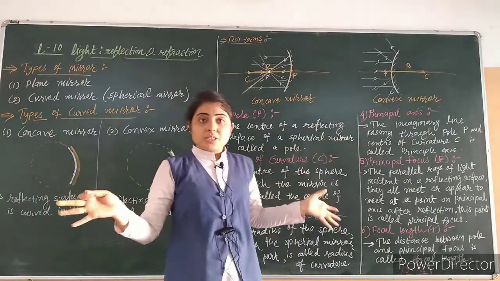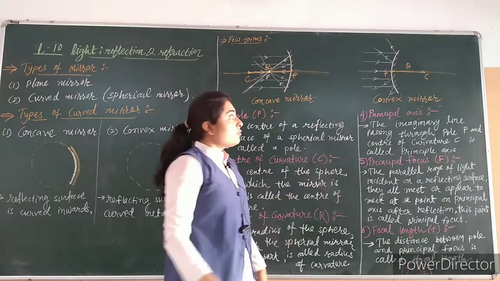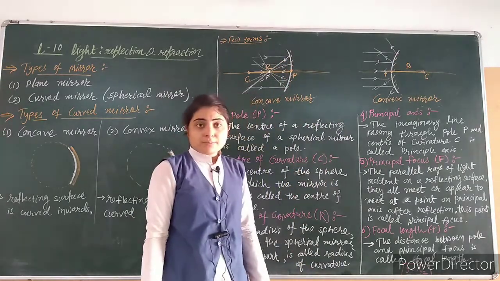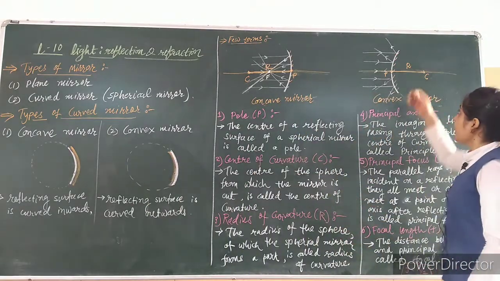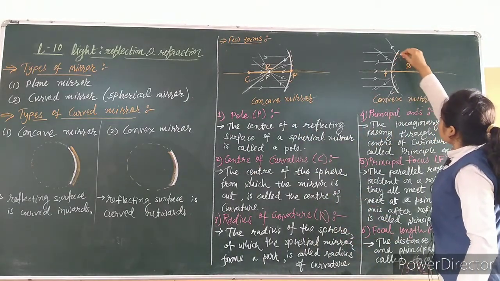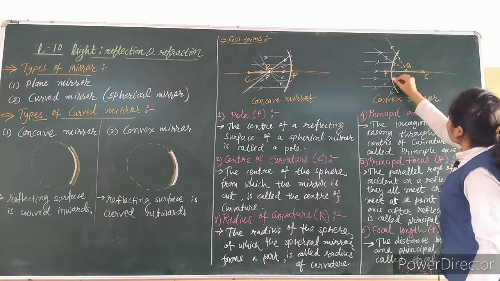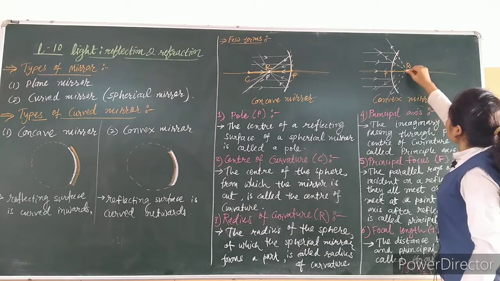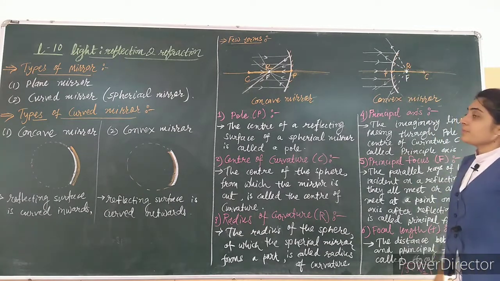in a diverging way. Okay, they are diverging. So what happens? They are not going to meet. But if we extend those rays on the back side of the mirror, they appear to meet at that point.